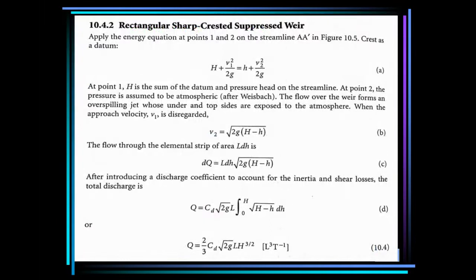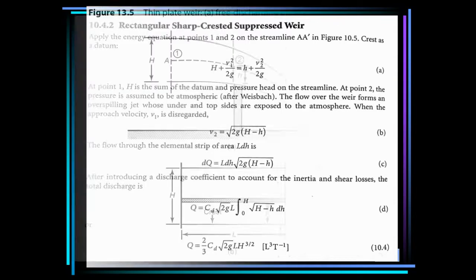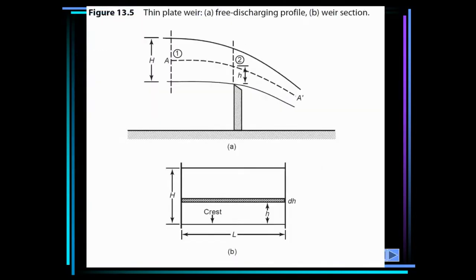Now let's derive the flow equation for the weir, and then we move on. Here we'll look at the simple case of a rectangular sharp crested suppressed weir. Suppressed means there is no end contraction. We'll apply the energy equation at two points, point 1 and point 2. This is the weir, this is the head of the weir, and this is just upstream of the weir.